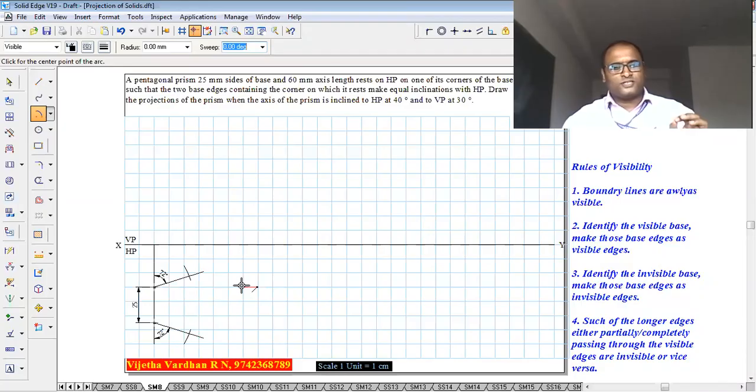And after drawing these two arcs, now with the help of an intersection, that is whatever the point you are going to get at, the intersecting point of an arc as well as a line over there, again without changing the radius, one has to draw one more arc at this location, and again with the same radius, now this point as an intersection, you are supposed to draw one more arc here.